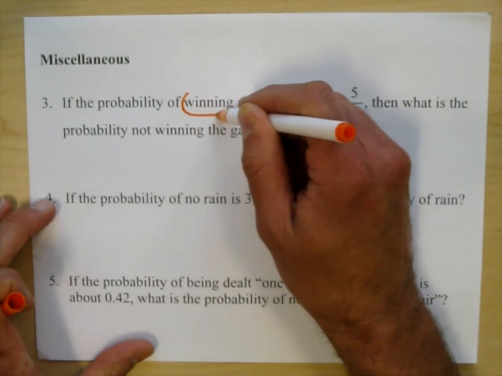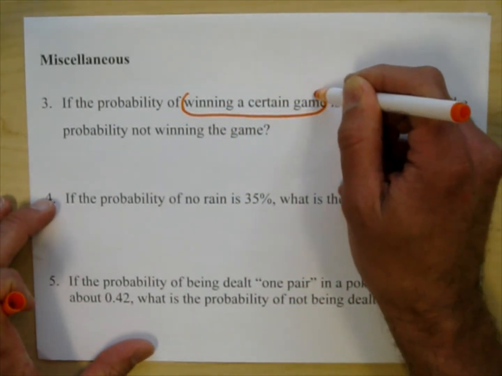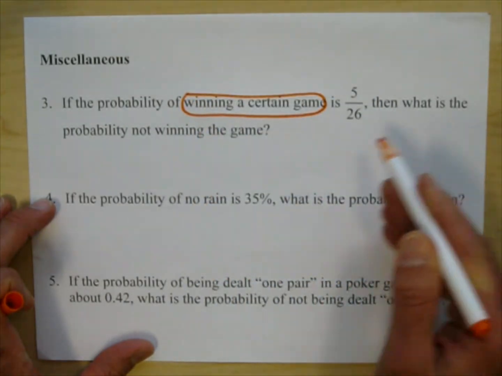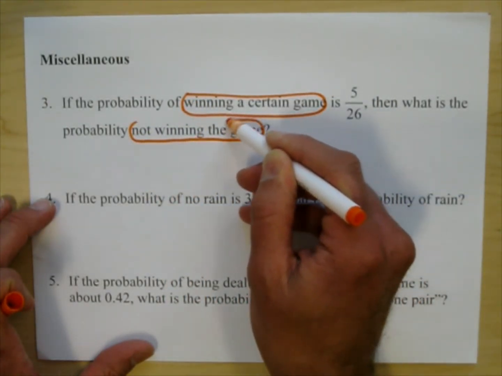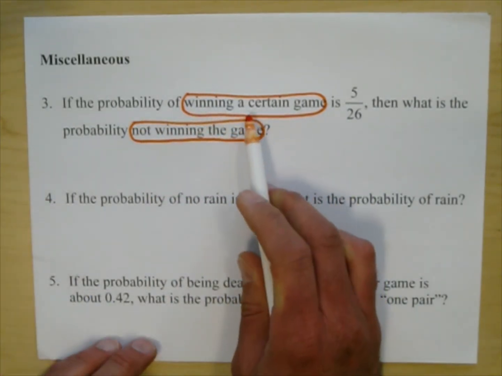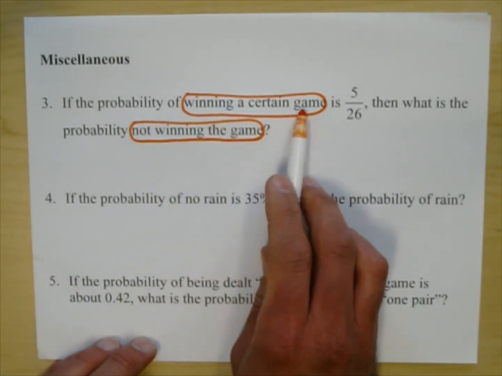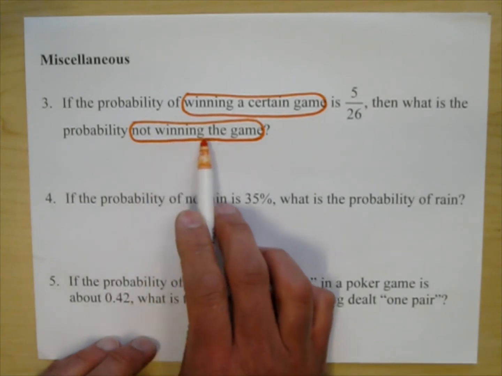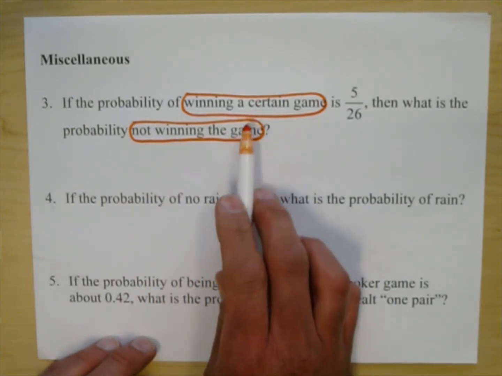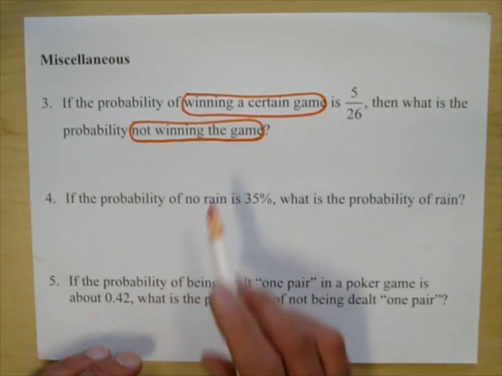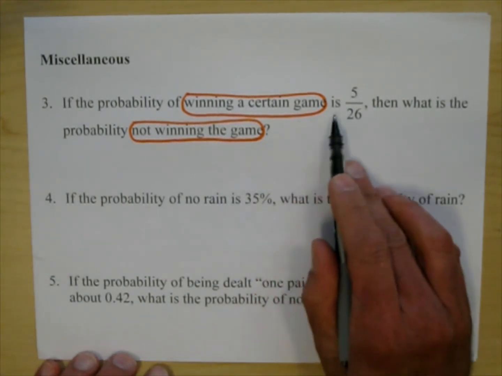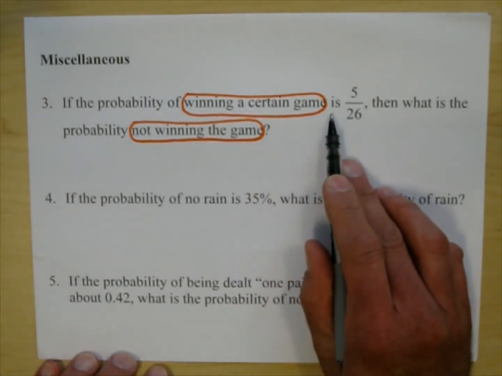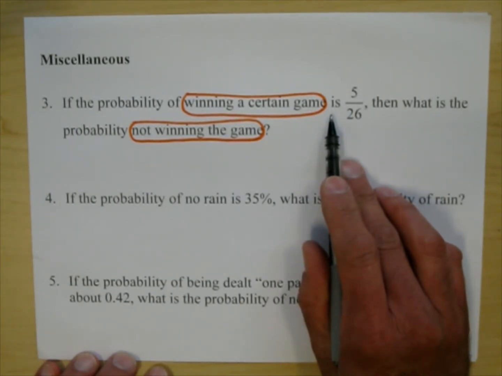We have winning a certain game, and then not winning the game. Those are complementary events. Their probabilities are called complementary probabilities, and we know those complementary probabilities add up to 1.